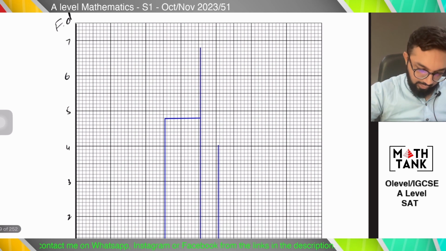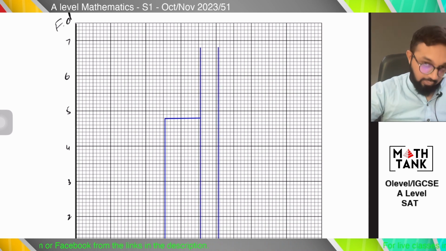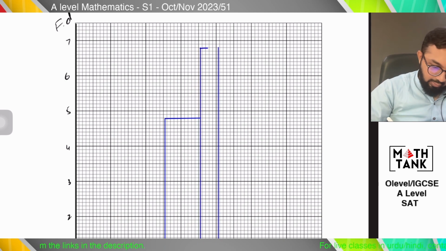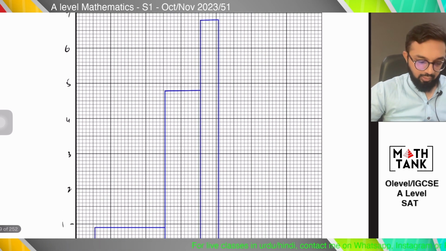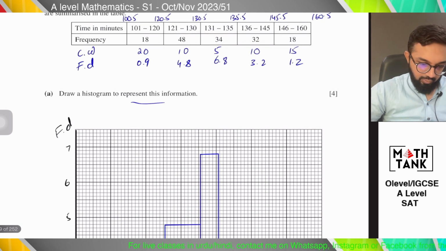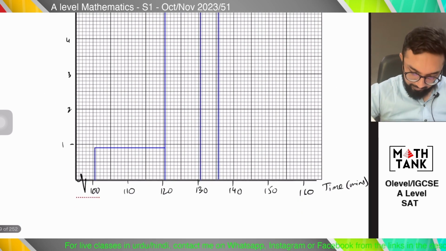It's as accurate as I can make it. Then 3.2, going up to 145.5.